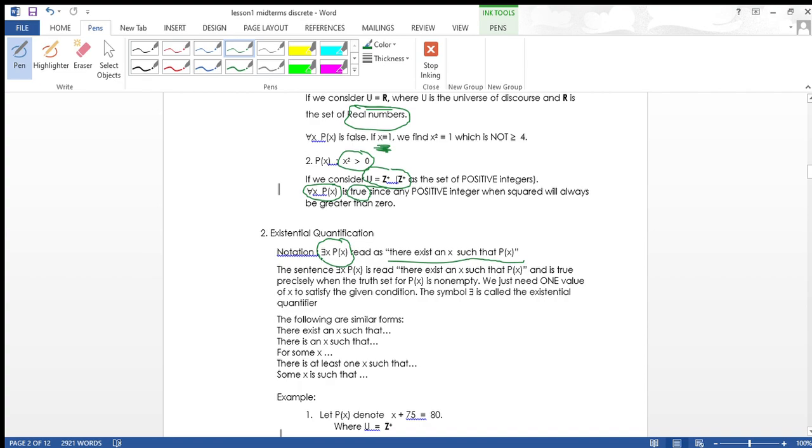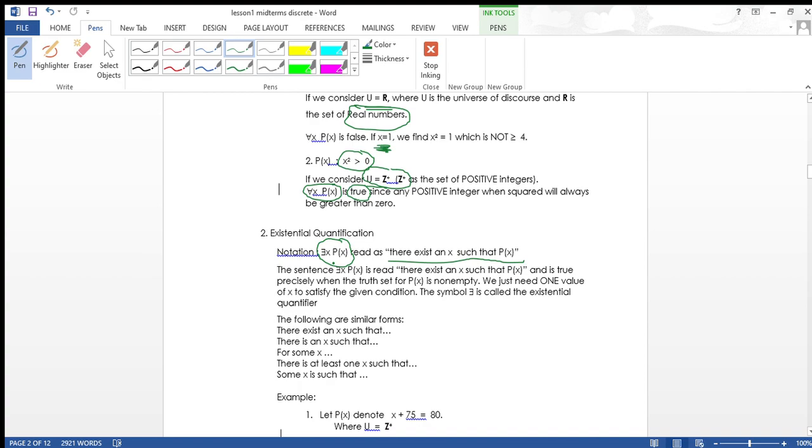There exists an x such that this value of x will satisfy, or will be used in, the function given. And then from there, you again check the truth value.